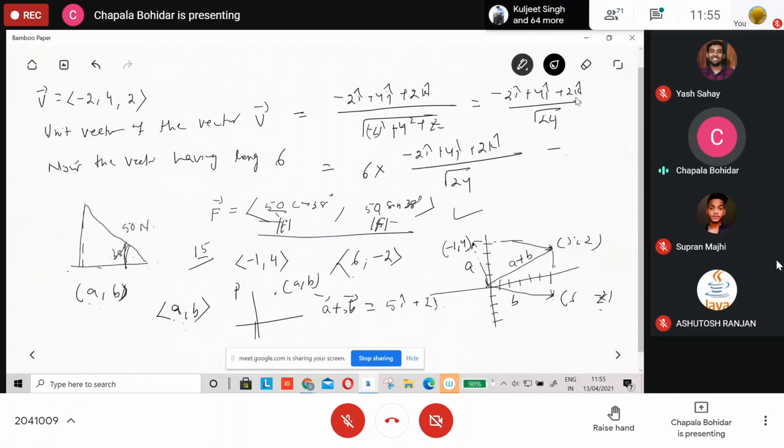The question is asking about the relationship where P is a point, that is AB, and when we join it with the origin, that is our position vector. If it is only AB, then we say it is a point in two dimensions. So both are in R2.